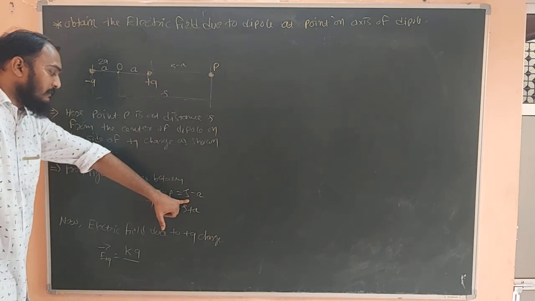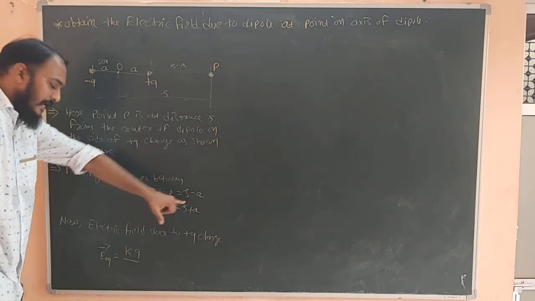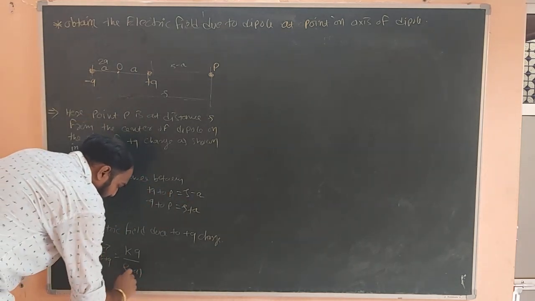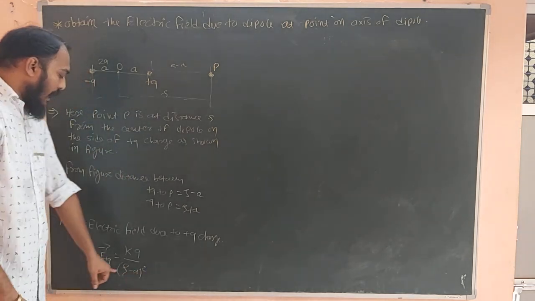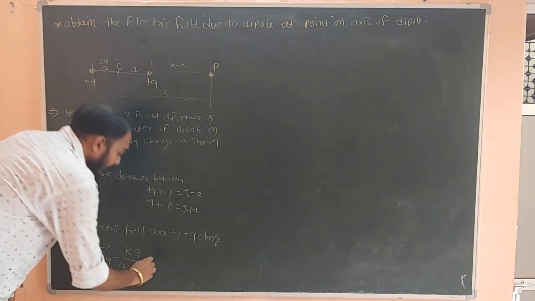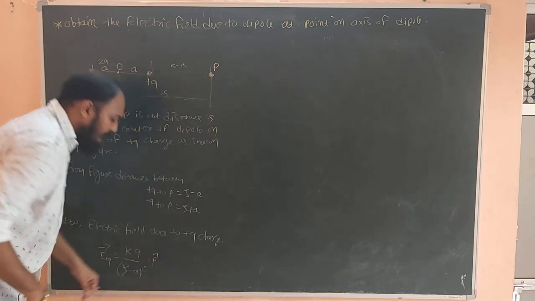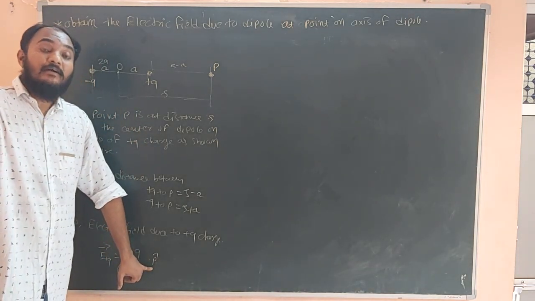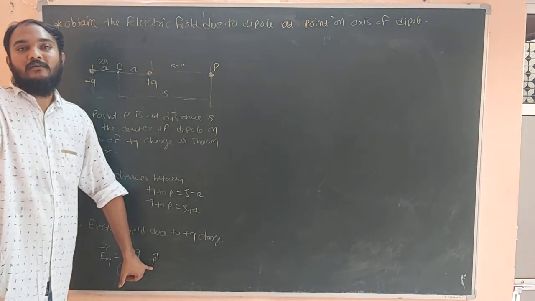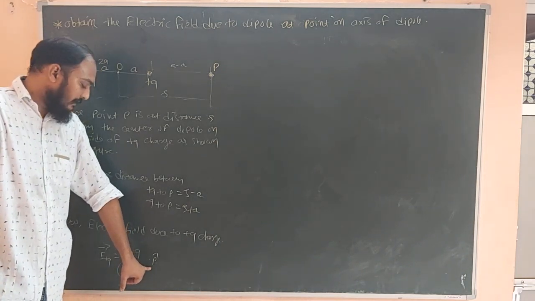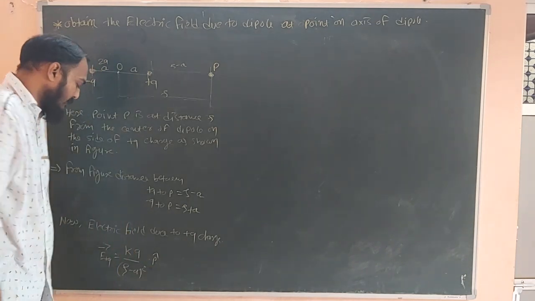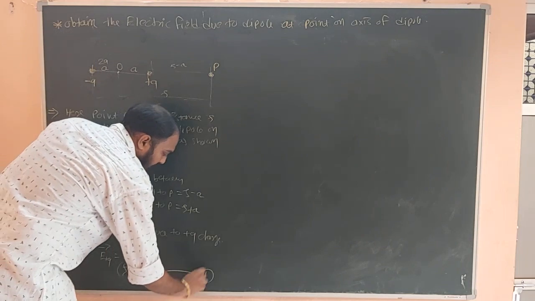What is the distance between plus Q and P? R minus A. So it is KQ upon (R minus A) whole square into p caret. What is p caret? The unit vector of the dipole moment, the direction of the dipole moment. Unit vector is here, p caret. Equation 1.